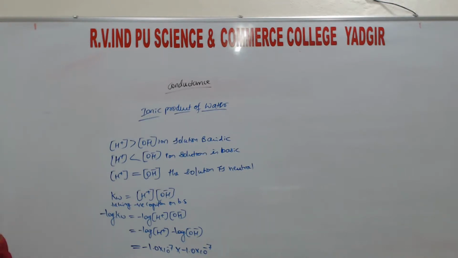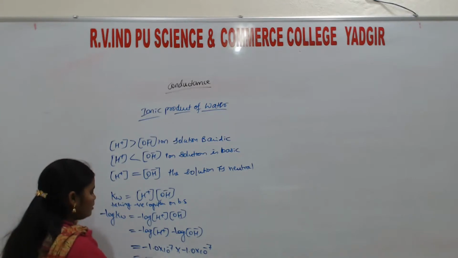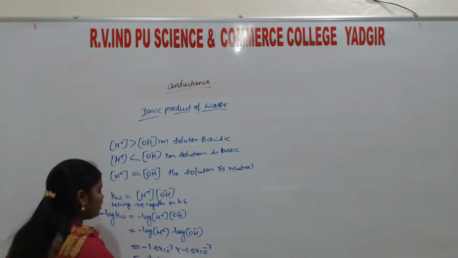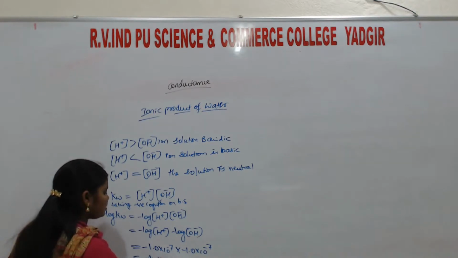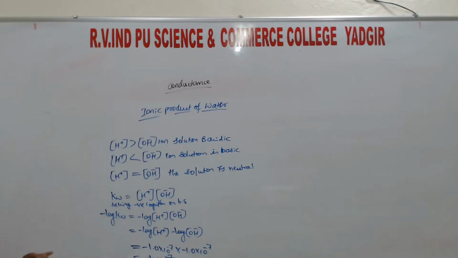Finally you get minus log of 10 to the power of minus 7.